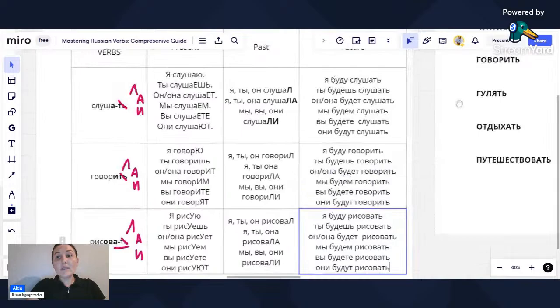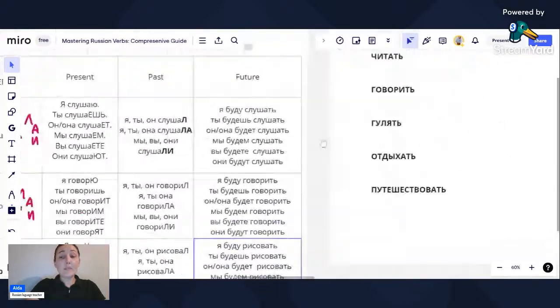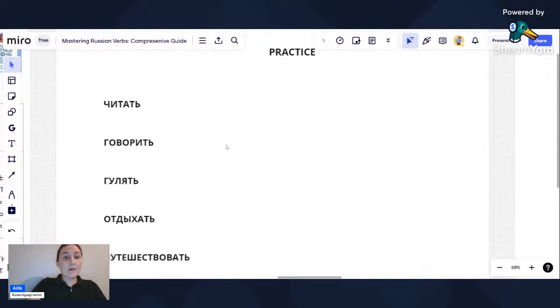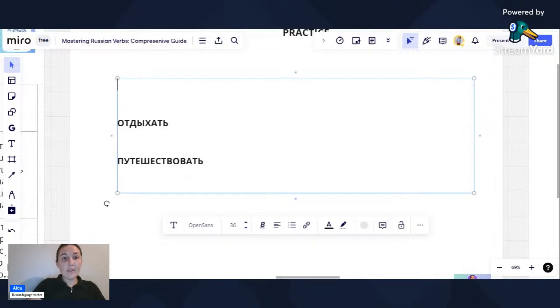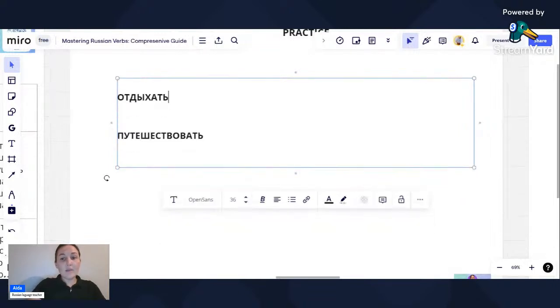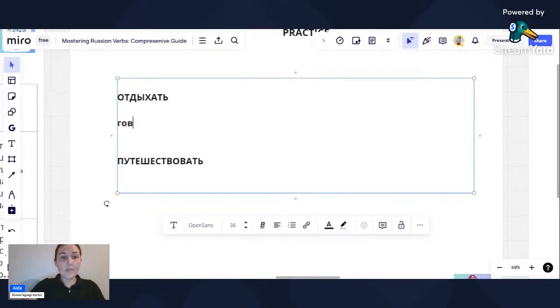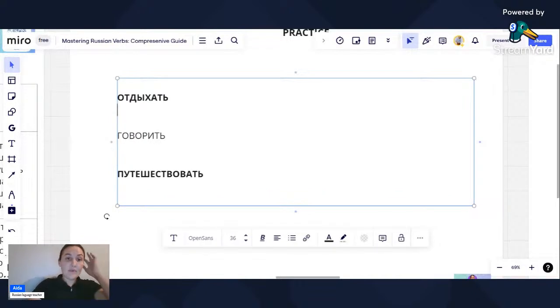Okay, and now let's practice a little, and let's have a look at these verbs. Let's use the verbs отдыхать, говорить и путешествовать. So let's make present, past, and future. Отдыхать. So how do you say I have a rest?